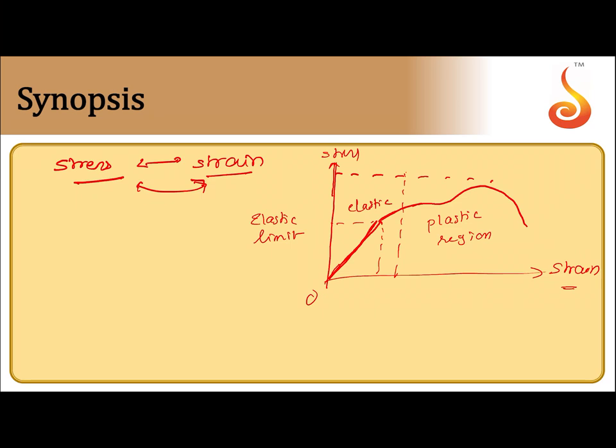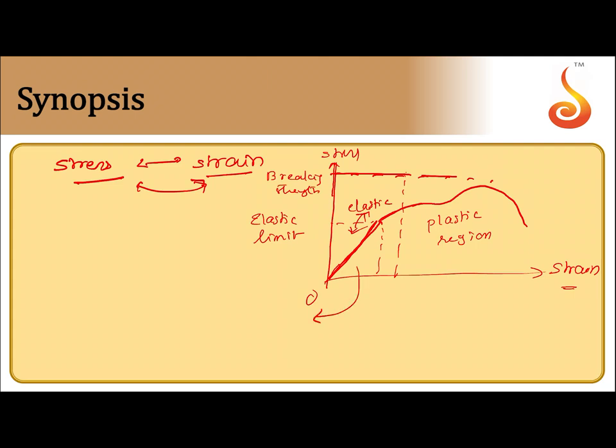So, there are two regions, one is the elastic region and the second is the plastic region. In the elastic region, the object can gain its dimensions back. In the plastic region, there is a permanent deformation, and the maximum value beyond which the object snaps is called the breaking strength. This is known as breaking strength.